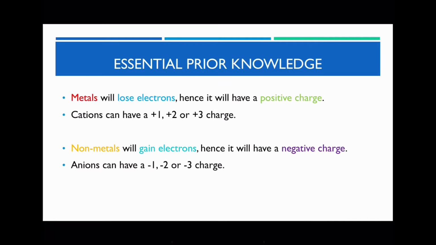As a result, these metallic cations will have either a +1, +2, or +3 charge depending on the number of valence electrons they have. In contrast, non-metals have a tendency to gain electrons since they almost have a complete outer shell. So they will want to gain electrons and thus will have a negative charge. These non-metals will have either a -1, -2, or -3 charge.